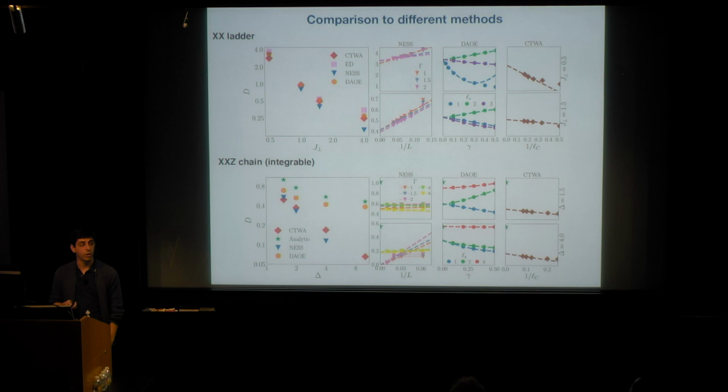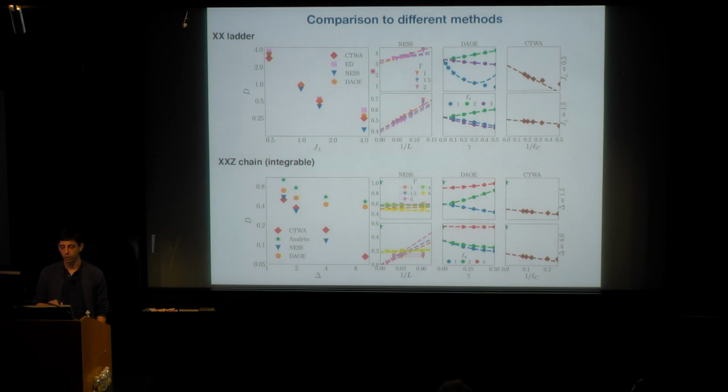One other thing that we are doing is a comparison of our method with various other methods in the literature. There have been a few other things that people have proposed to solve the same problem of calculating transport in many-body systems. In particular, we are comparing our method to other ones.